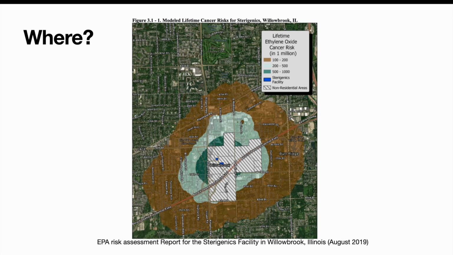And then as you get farther away from the facility, the rates go down. The light green is 200 to 500 lifetime risk in a million, and then it goes down to 100 to 200 lifetime risk in a million. So there we can see how a map might be able to tell us where to pinpoint the source of a disease.